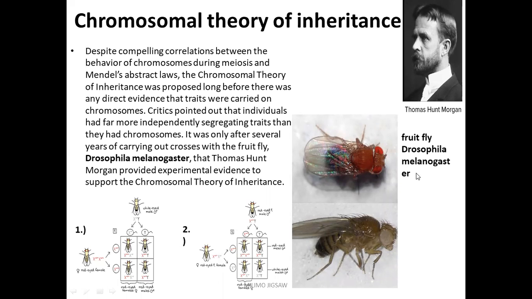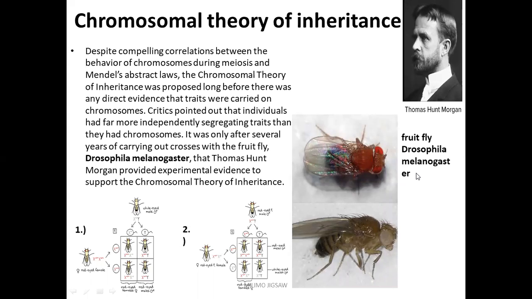We have the man, Thomas Morgan. Thomas Morgan was an American scientist, and he showed clearly that the white color of the eyes in Drosophila was due to a mutation.